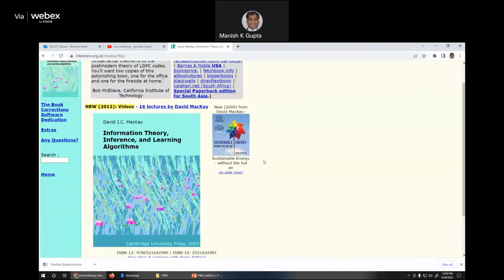Obviously, I'm assuming some of the probability here as well, right? And some concepts like entropy and so on. I think you know how to compute the entropy of a random variable, right? Those things are there. So anyway, please do look at this book. You can download it, and I think you can read it online free of cost.